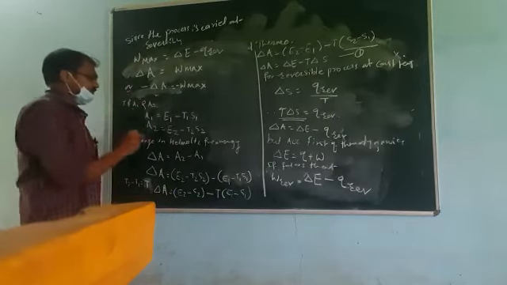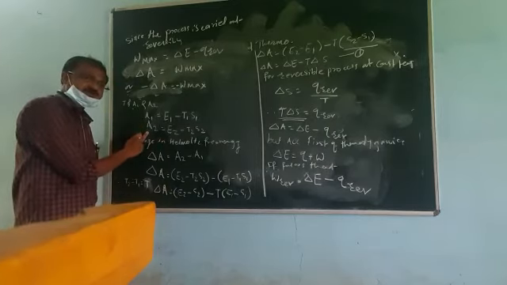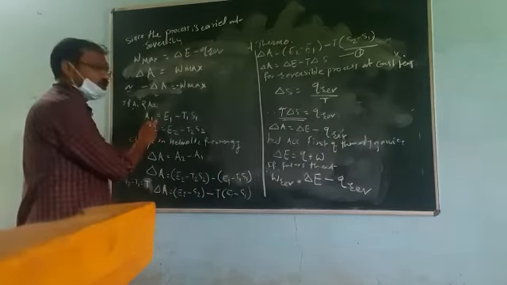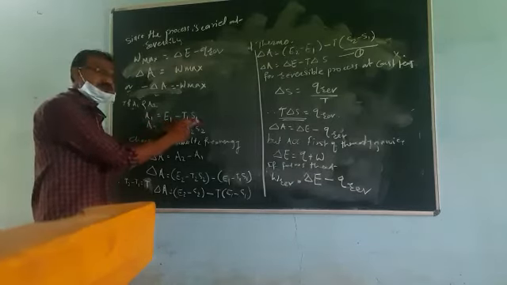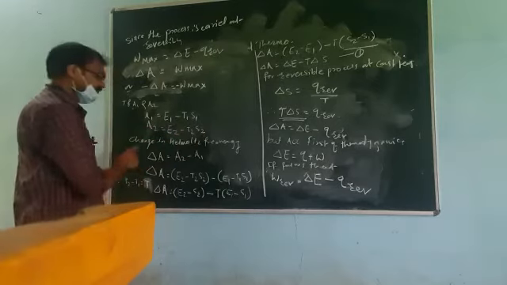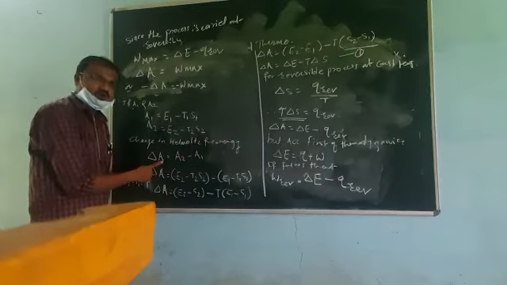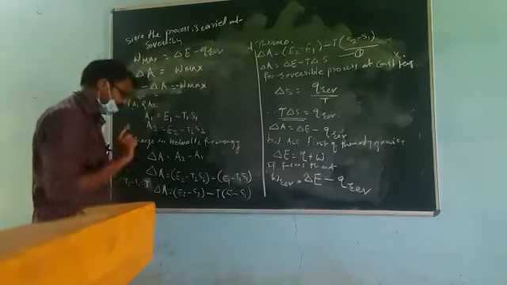A1 is the initial and A2 is the final state of the work function. A1 is equal to E1 minus T1 S1. A2 is equal to E2 minus T2 S2. In case of the change in Helmholtz free energy, delta A is equal to A2 minus A1.